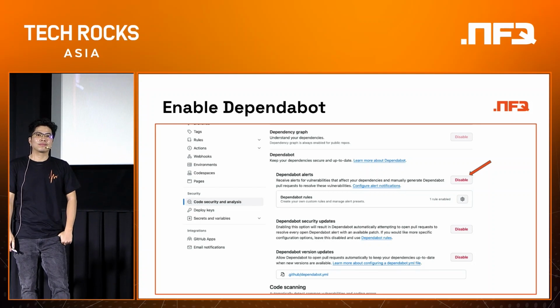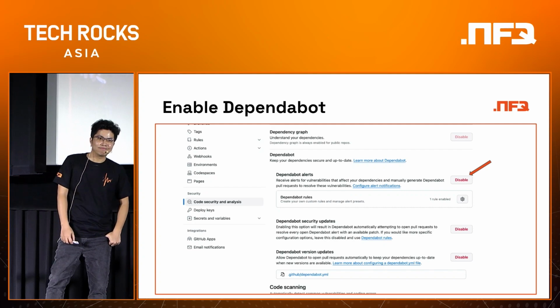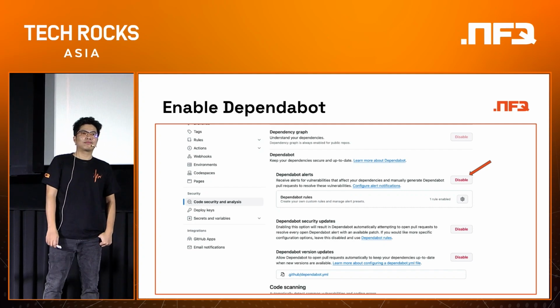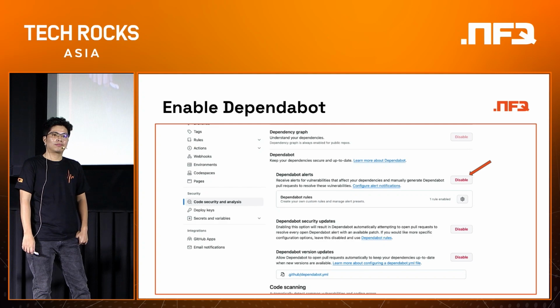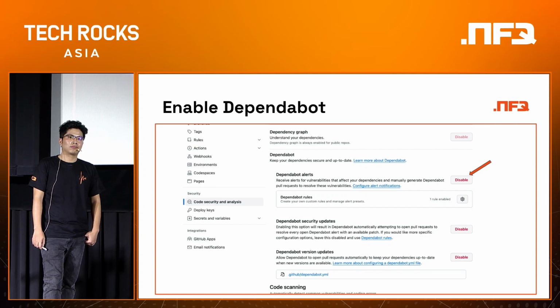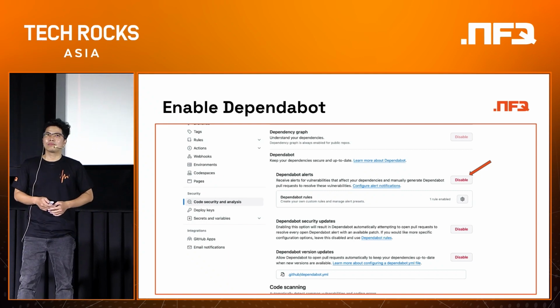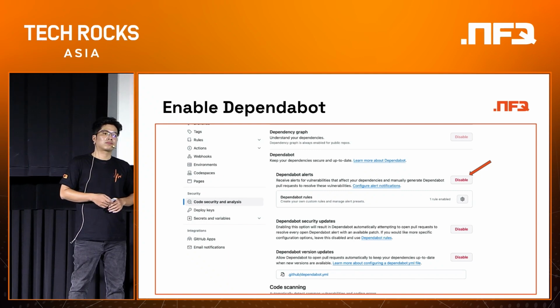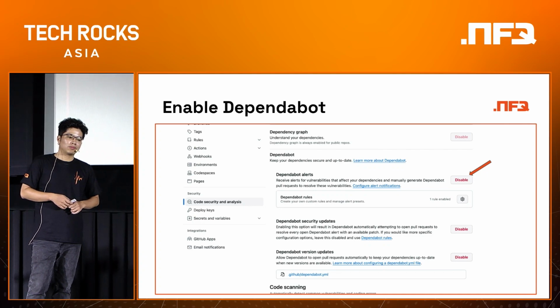Hello. Thank you for your presentation. I have a question. For example, my project is PHP 7.4 and Dependabot requires some dependency to update, and it is related to PHP 8. So if I upgrade, it will have some problem about the version.